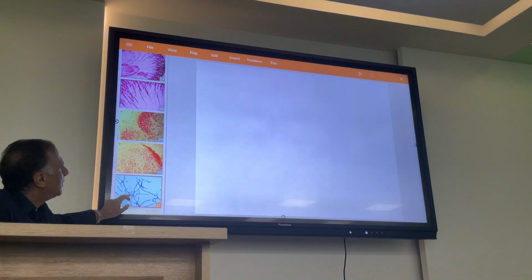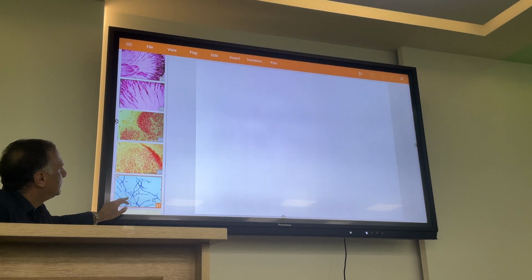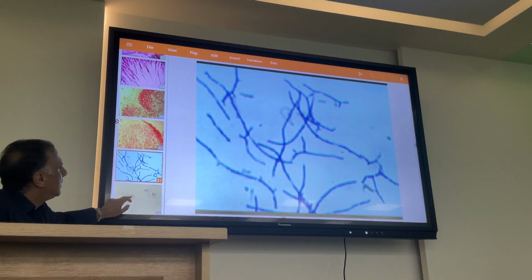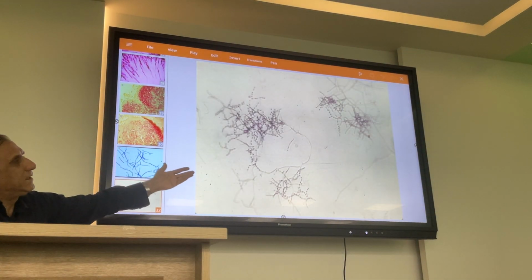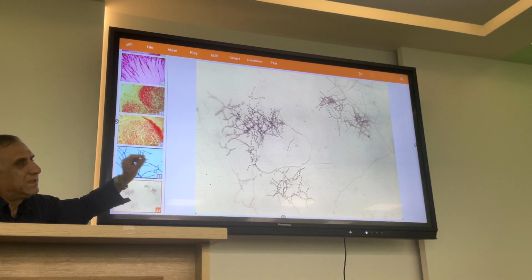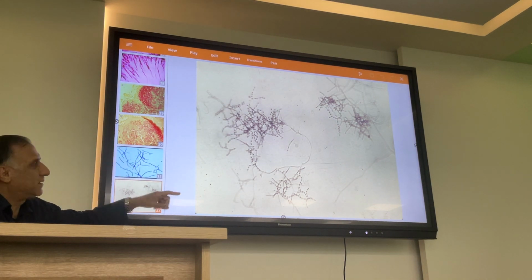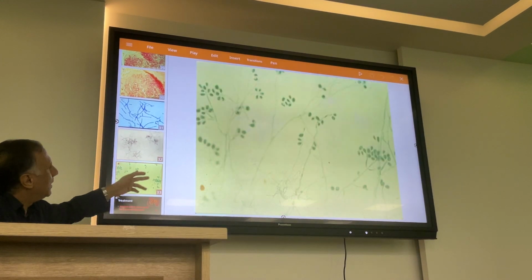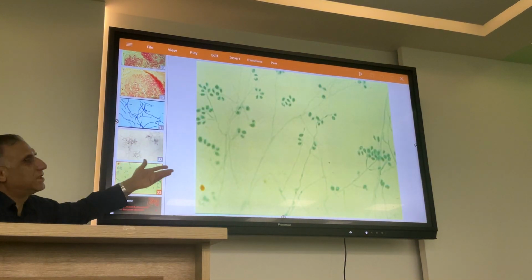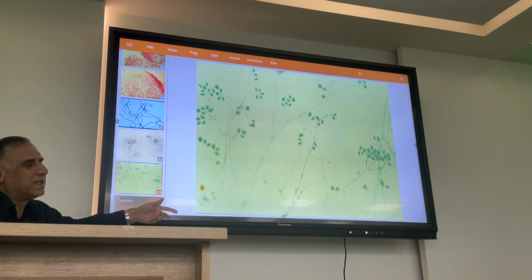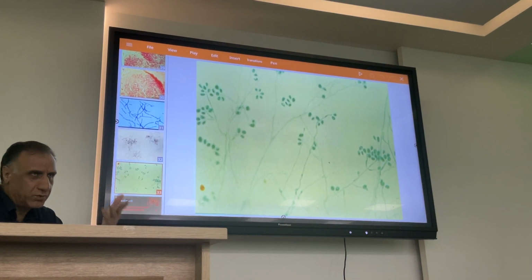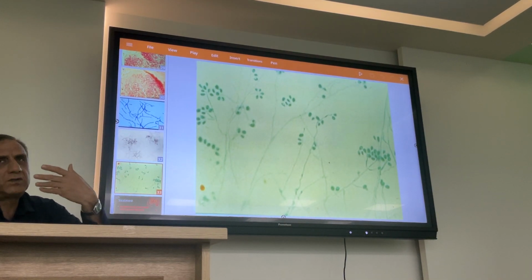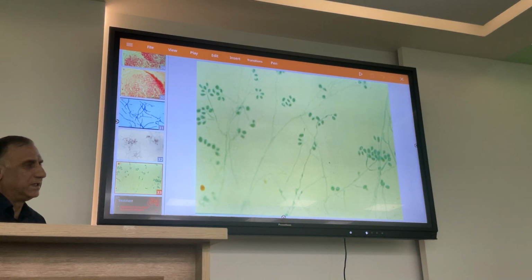This is actinomycotic. In another stain, you can see thin filaments of bacteria, actinomycetoma. It is a culture of Pseudallescheria boydii. It is not important for you, only for your information.